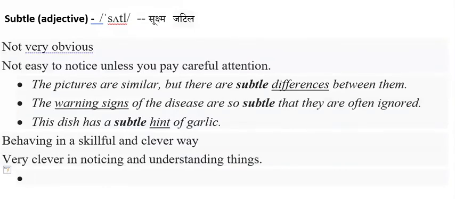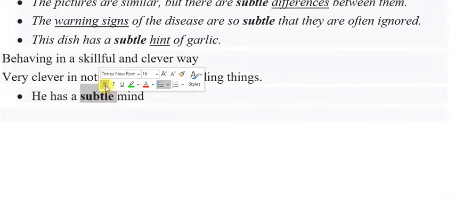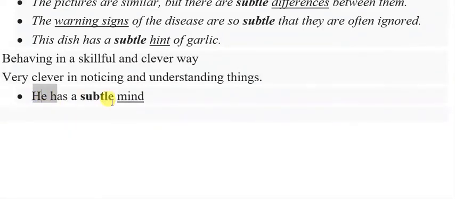So now let's see examples of this. He has a subtle mind, okay. So in this, the mind is not very small, it doesn't mean that it's very small, it means a very clever mind, the mind which can understand the maximum of things, okay.